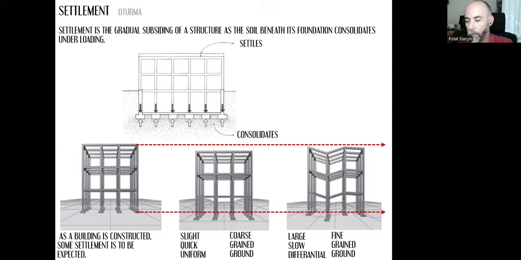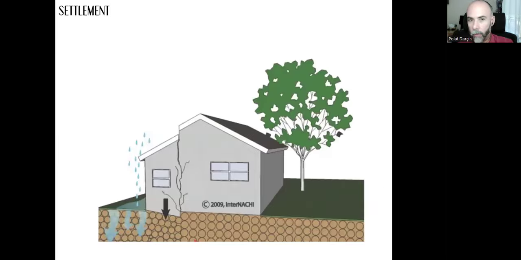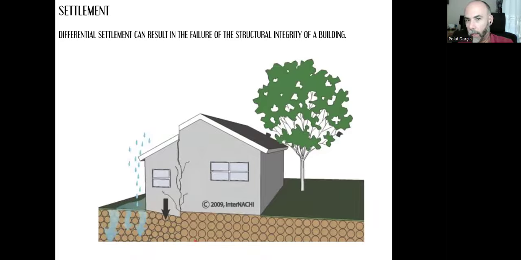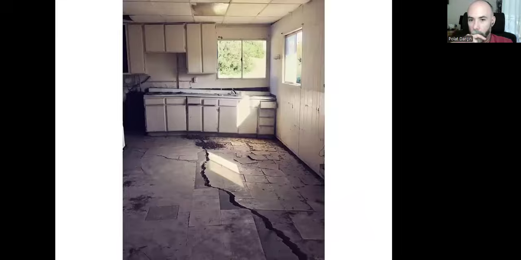And that is mostly happening in fine-grained ground like silt or clay, or if there is water or moisture in the ground. And this is obviously very bad. Differential settlement can result in failure of the structural integrity of the building, obviously.